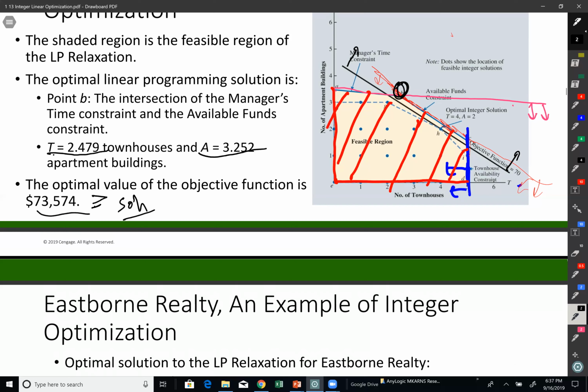And all the feasible solutions for this problem are these dots. This is a feasible solution, feasible solution here, and so on. So we need to find the best solution for this.